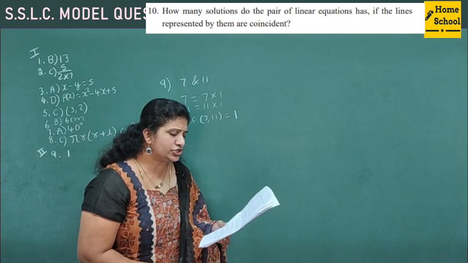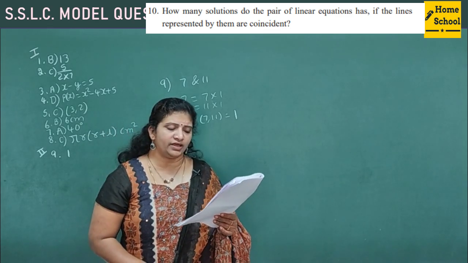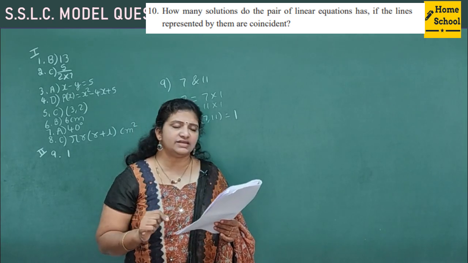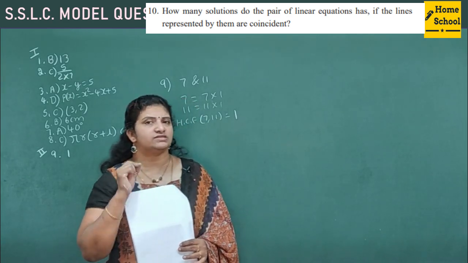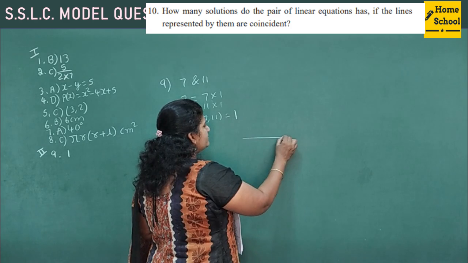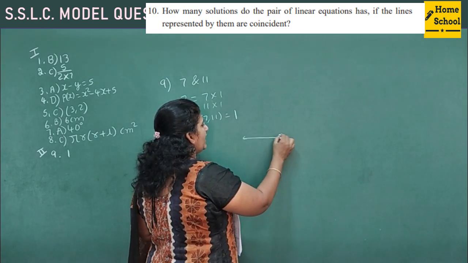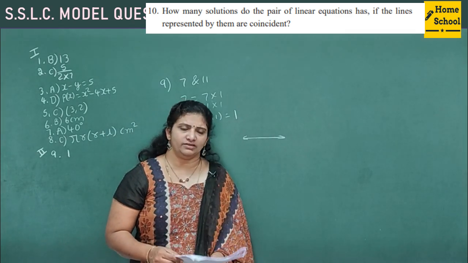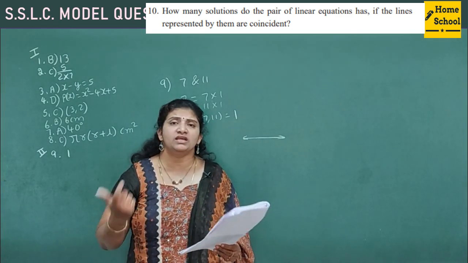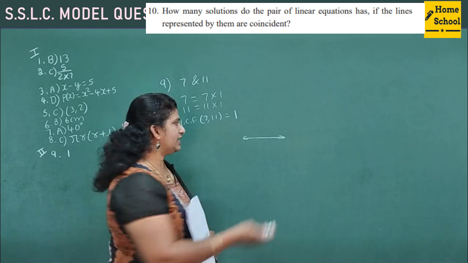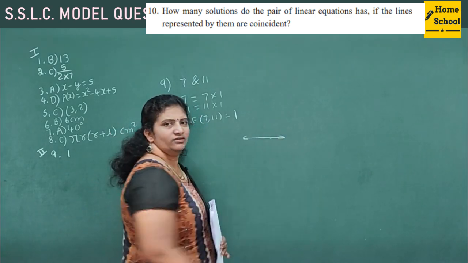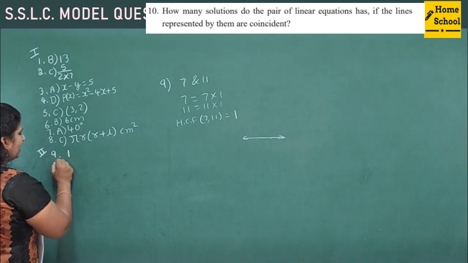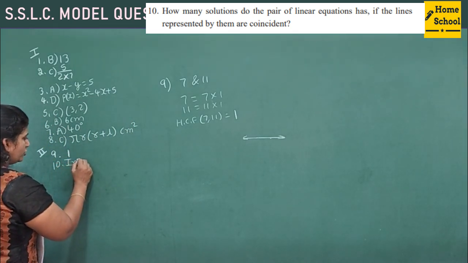How many solutions do the pair of linear equations has if the lines represented by them are coincident? Coincident means, see, the two lines are overlapping one above the other. Your question, how many solutions do they have? See, every point is a solution. That means you will be having infinitely many solutions.